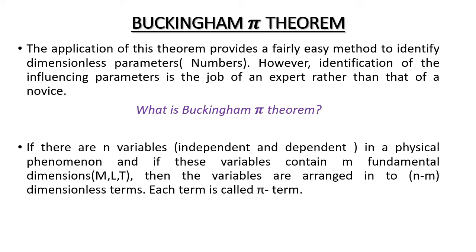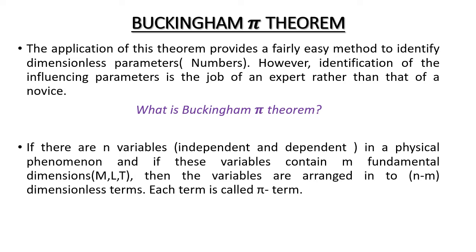Suppose there are n variables, both dependent and independent, in a physical phenomenon, and these variables contain m fundamental dimensions. In mechanical problems we mostly come across three fundamental dimensions, that is mass, length and time, and sometimes two fundamental dimensions, like the last problem.